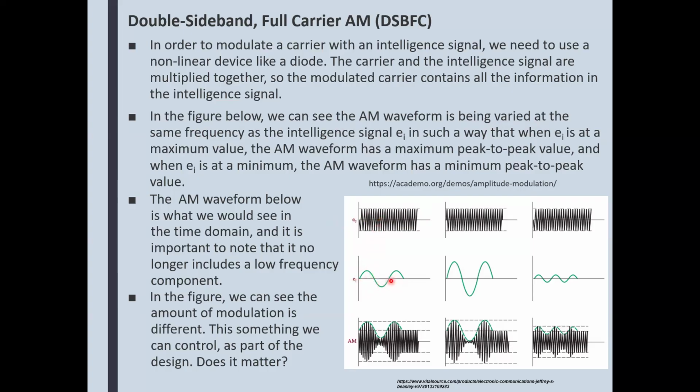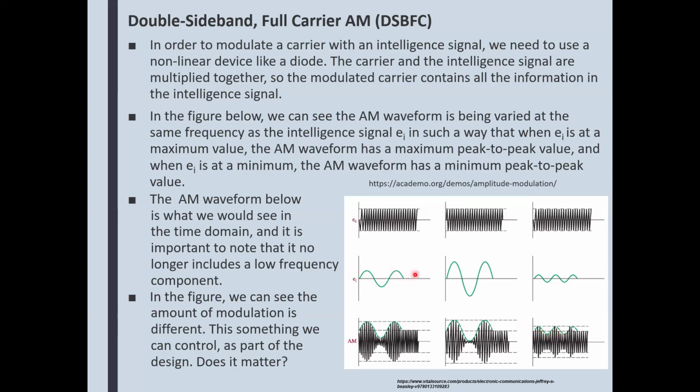And here's the signal. If the signal gets stronger, then the carrier gets modulated more as far as its strength. If the intelligence signal is weaker, it is going to affect the carrier less.